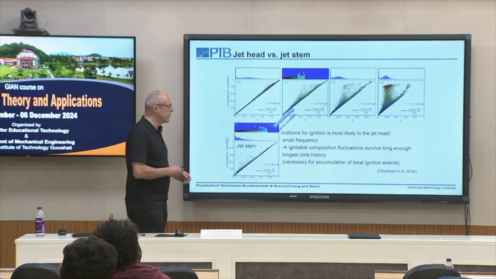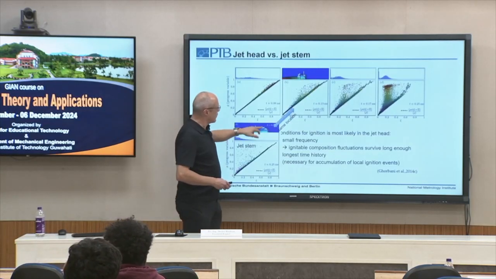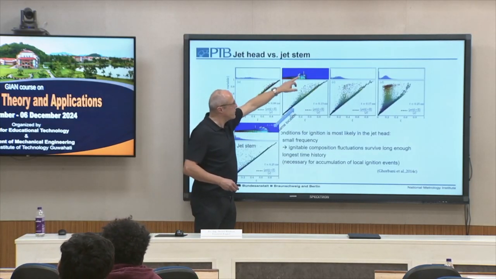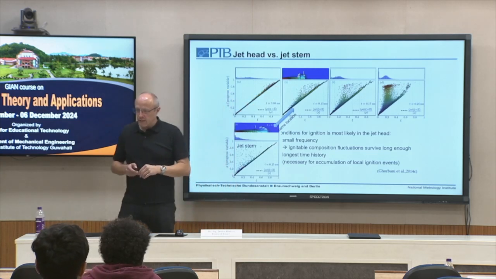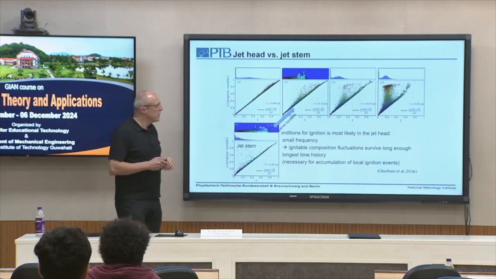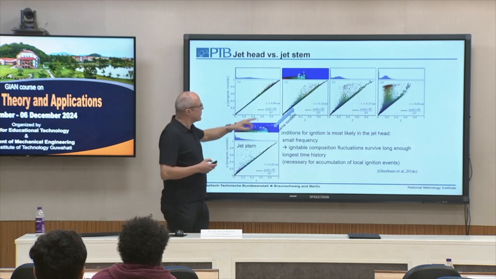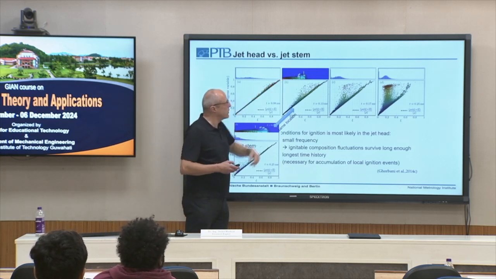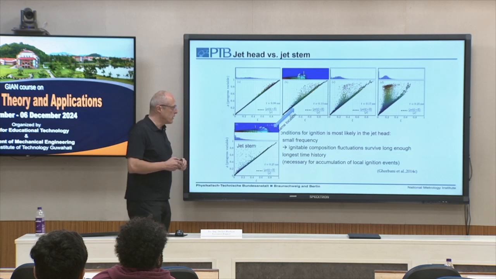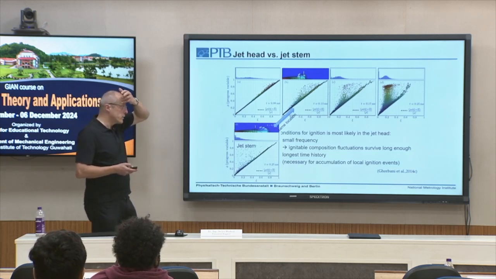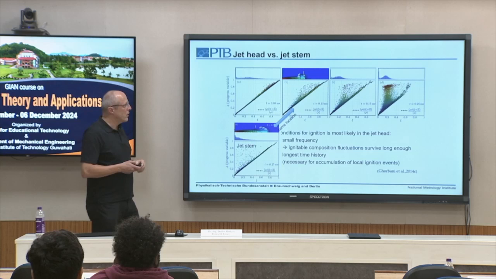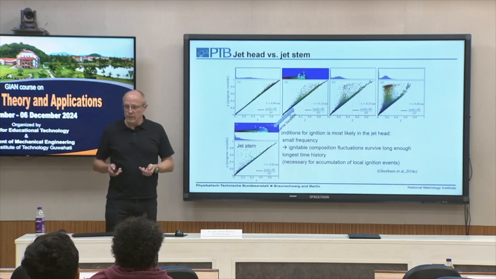So the ignition is, concerning these probabilities, more likely at the tip of the jet. So the ignited local mixtures survive long enough to yield a global ignition finally.